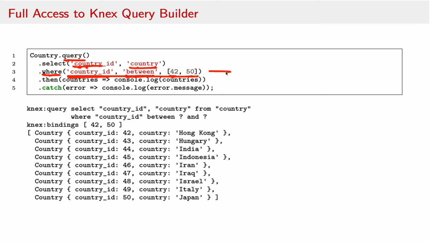And so that's the syntax. Again, it's just a JavaScript representation of the underlying query. That's the syntax that Knex defines for doing a between query. And you can see here in the output that we have country IDs going from 42 to 50.